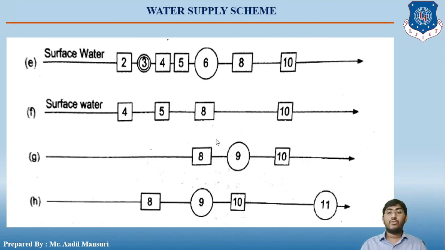So if the water is obtained from surface sources like rivers or lakes or ponds, right, and if they are highly polluted or laden with algae or microorganisms, then in that case you need to undergo treatments like pre-chlorination, aeration, flocculation, sedimentation, as well as filtration and chlorination. Okay, so look at figure E, right? Then talking about figure F, right?